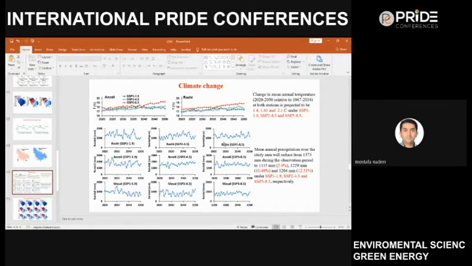Okay, I further assess the effect of climate change on the level of management. Here you can see the annual temperature in two synoptic stations and the annual precipitation, downscaled under 3 global warming scenarios: SSP1, which is the best scenario, SSP2, which is the modest, and SSP5, which is the worst case.